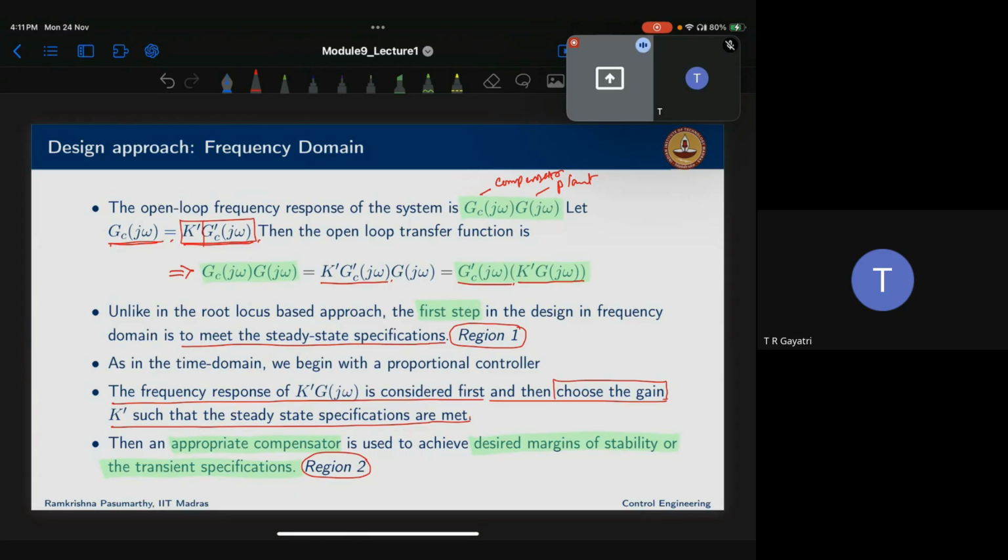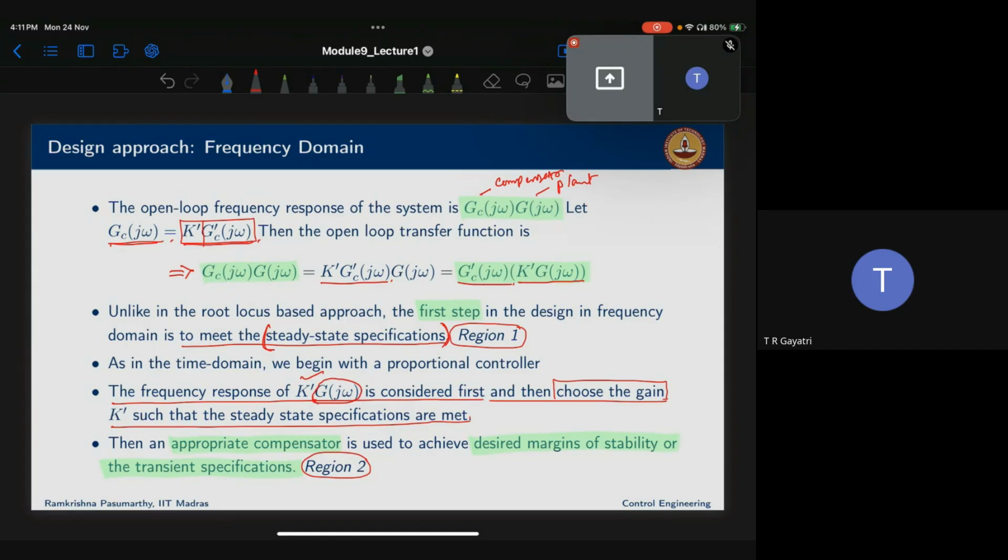In the first step, we design the steady state, the frequency domain for region 1, to meet the steady state specifications. While designing that itself, we choose this K dash. After that we will find this G of j omega.